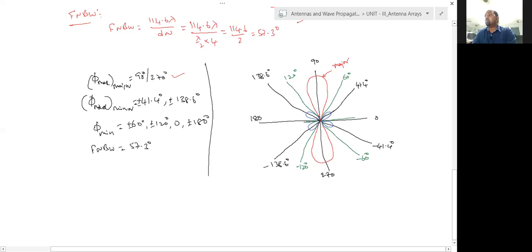So this is also a null. No radiation in this direction, and along 0, no radiation.